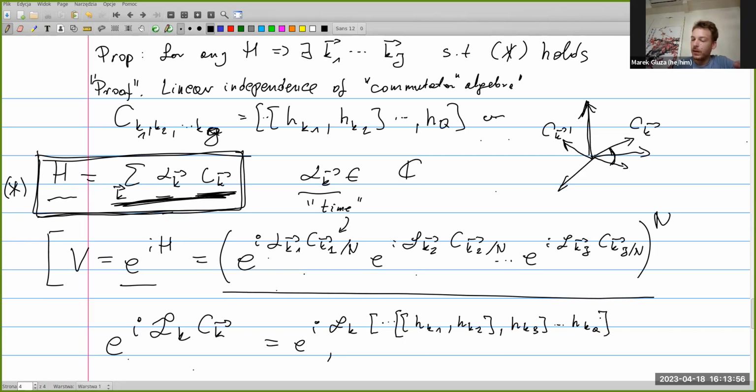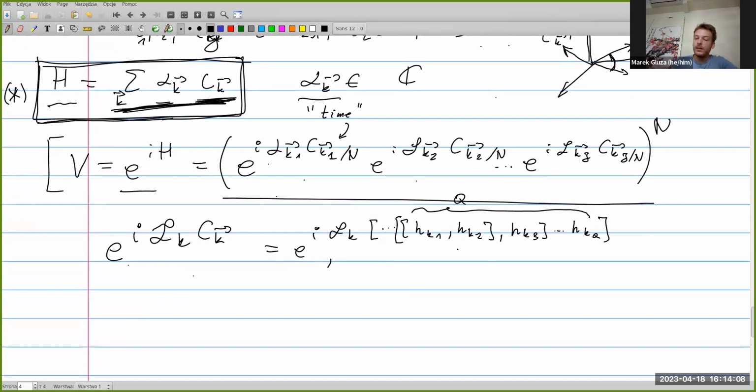So we have, let's say, q many commutators here. What we can do is use a group commutator formula q times.